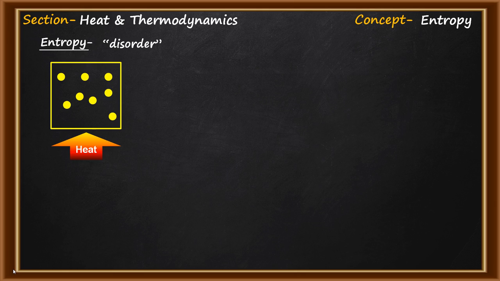So earlier, the atoms were concentrated in a particular region of the system, and now they are spreading throughout the system. What is happening here is a change in the state of the system. Now the atoms are not going to stay as they are. They keep on moving throughout the system. So every time there is a change in position, that would be a new state of the system.